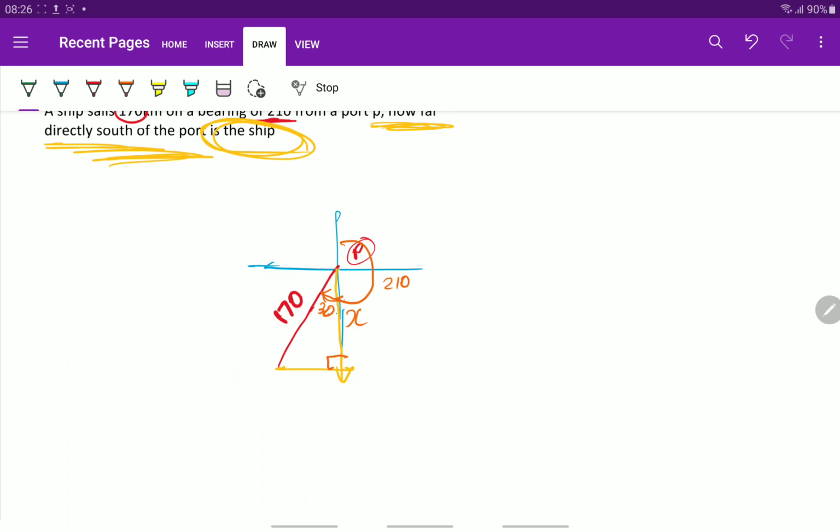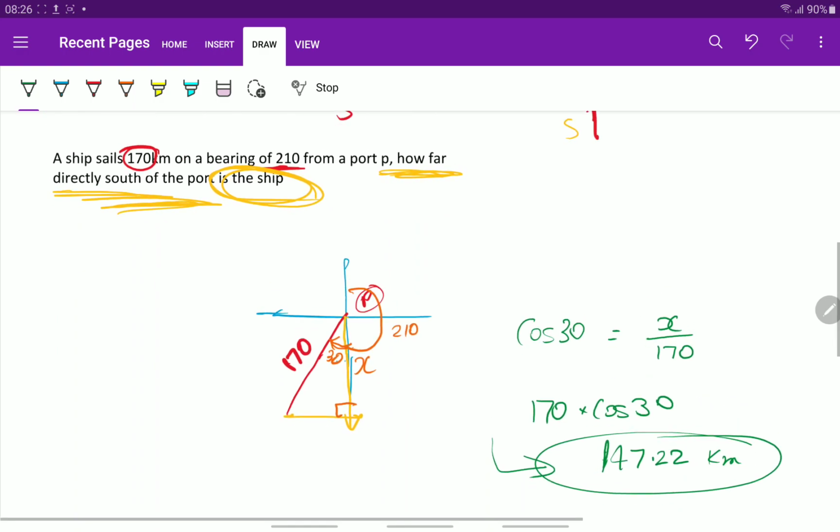So what's the ratio? Yeah, it's cos. So cos 30 is equal to x over 170. Then it's 170 times cos 30. Putting that into your calculator should give you this distance to be 147.22. And put kilometers, and that's your answer for this question.